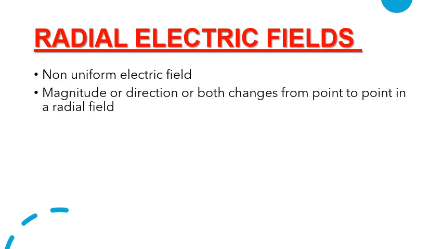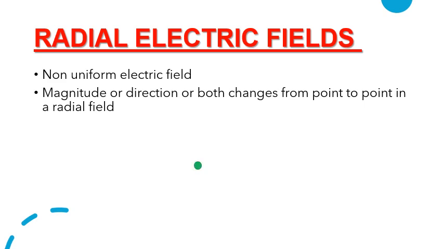Yes, the magnitude or direction or both changes from point to point in a radial electric field. So this is completely different from a uniform electric field, right? In uniform electric field, both magnitude and direction of the field remains the same everywhere. But in radial electric field, it would be different if you take different positions in such an electric field.